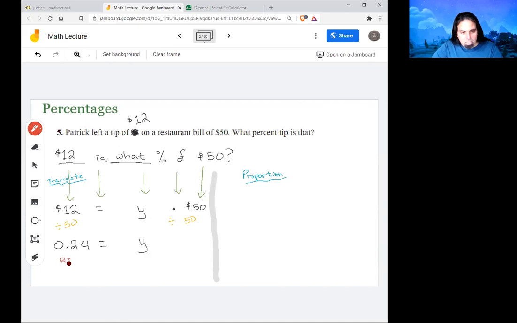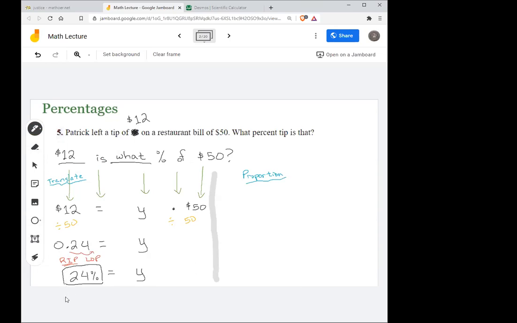Either you do it in the beginning because they give you a percent and you want to get rid of it, or like this at the end, you're going to go right into percent because they ask for a percent and you haven't paid for that yet. If you want to make something out of 100, you have to do the opposite first, otherwise it's not fair. Everyone okay with the left-hand side if you're a translate kind of person?